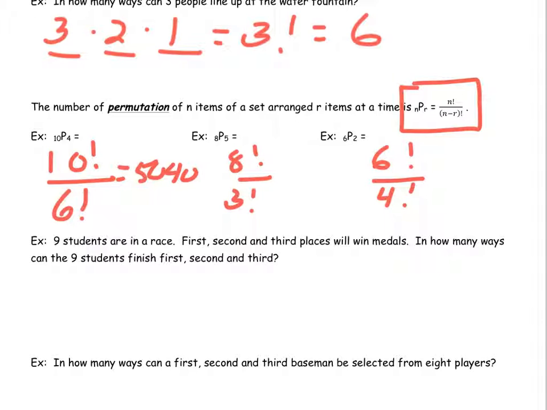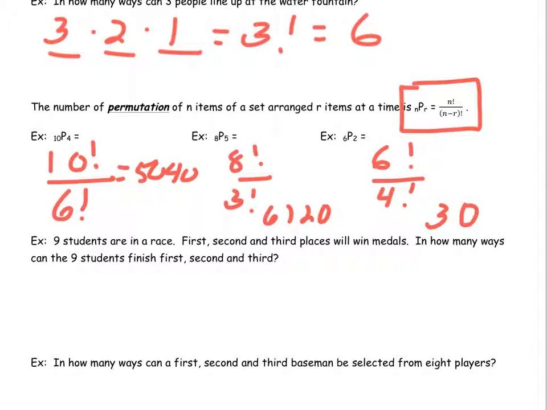Now if you put 8 factorial over 3 factorial in your calculator, you get 6720. If you put 6 factorial over 4 factorial, you get 360. I'm sorry, you get 30. Can't read my own writing.